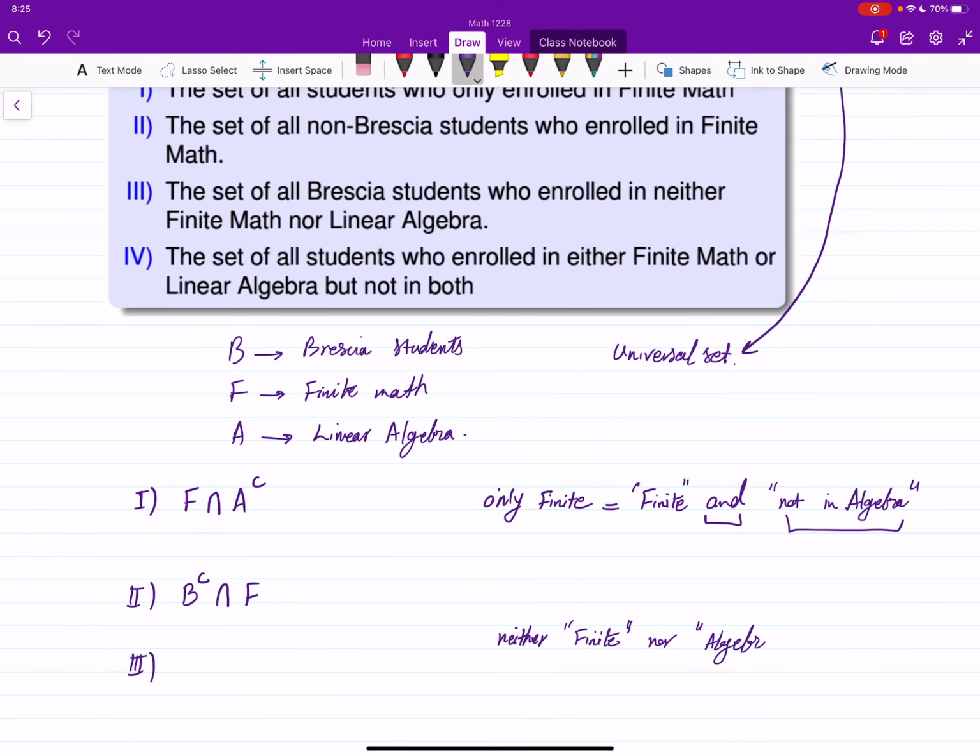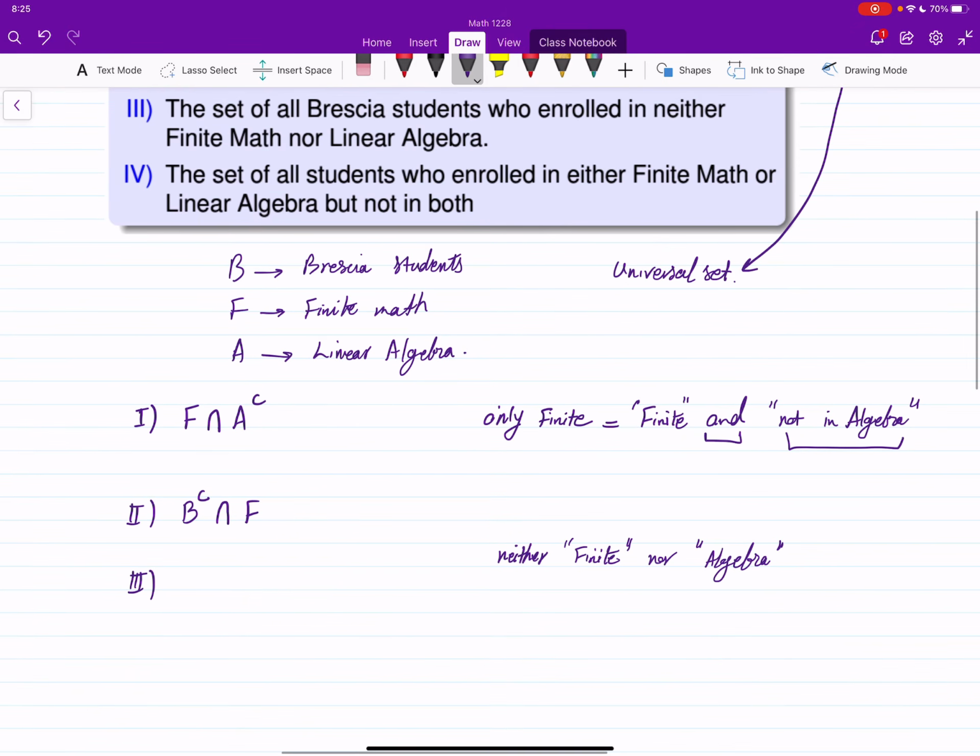Yes. So what does this mean? Can I write this thing in another way? I can say that neither finite nor algebra means not in finite and not in algebra.